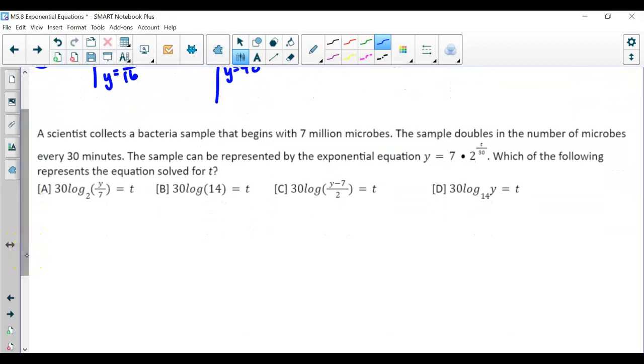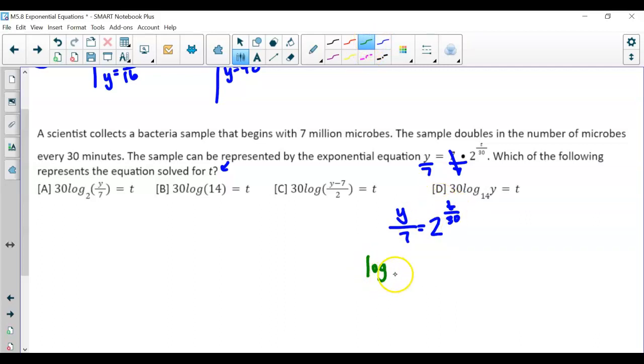And the last one here, you're looking to see which of these represents the equation solving for t. Notice how t is in the exponent, but you got to first divide by 7. So divide by 7, right? So y over 7 is equal to 2 to the t over 30 power. Now the exponential is by itself, write it as a log.